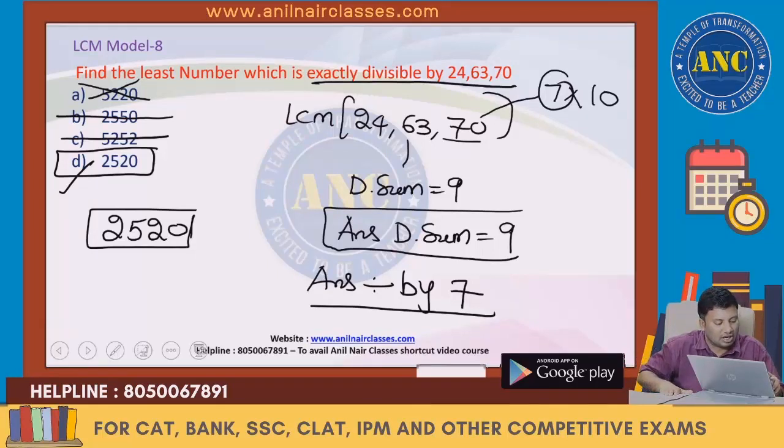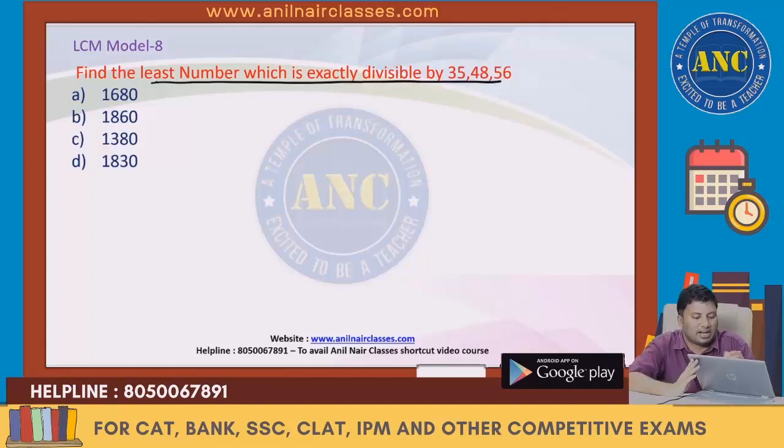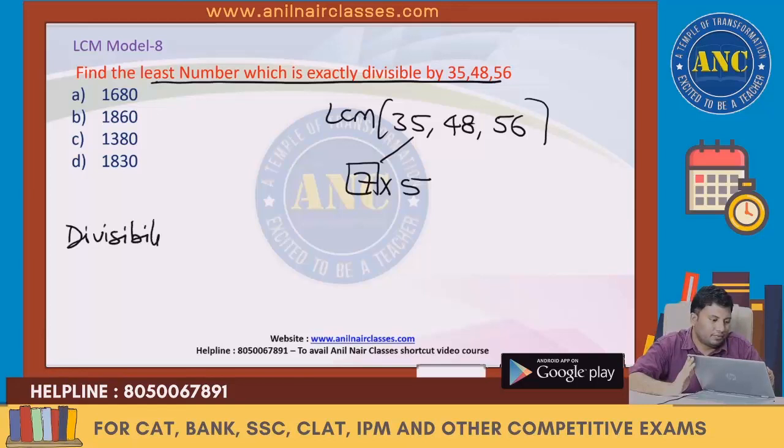Right. Next, third question. Find the least number which is exactly divisible by LCM of 35, 48 and 56. 35 is 7 into 5. What is the divisibility rule of 7?